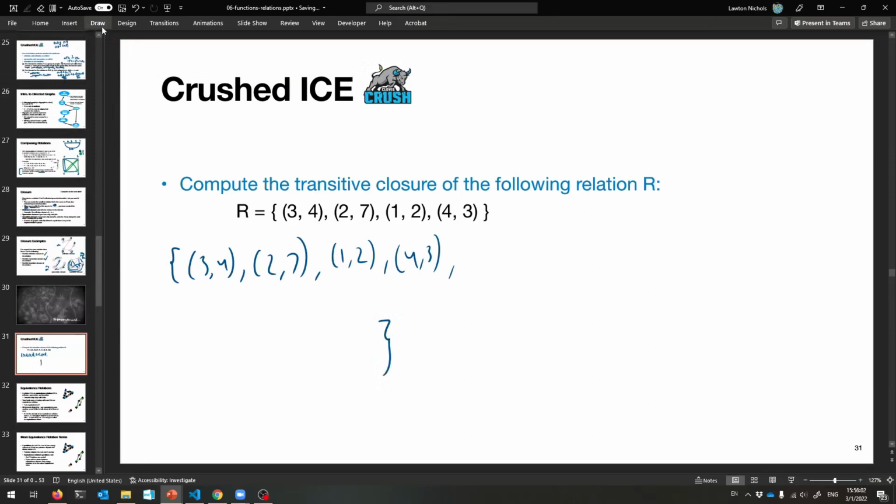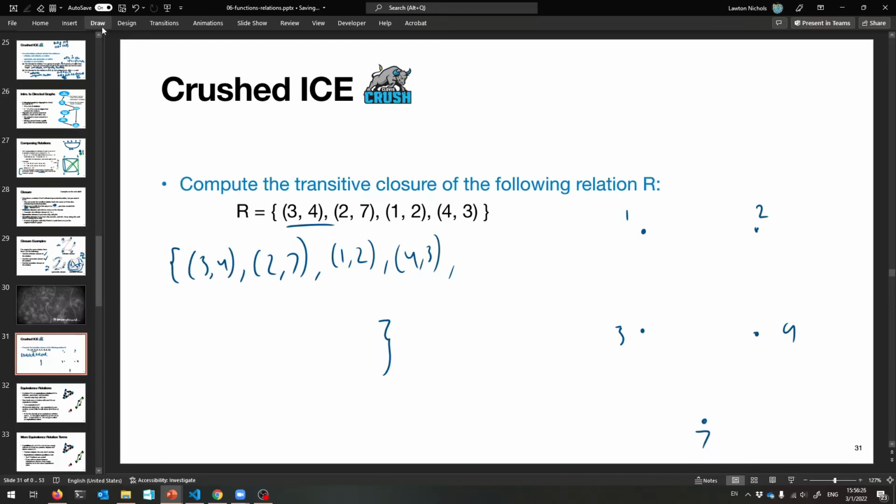And let's draw this out. That's the easiest way to compute the transitive closure, I would think, to just draw it all out. So it looks like the different elements that could be related are 1, 2, 3, 4, and 7. So let's try and draw that in a way that makes a little bit of sense. So here's 1, 2, 3, 4, and 7, let's say. Okay? And now let's draw arrows to represent the relationship.